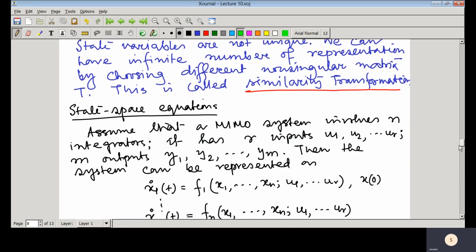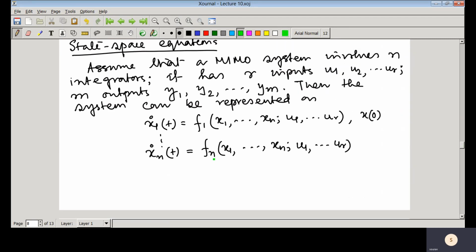So that function is represented in general form as f1 to fn. They are functions of state variables as well as inputs. This set of equations is known as the system equation.